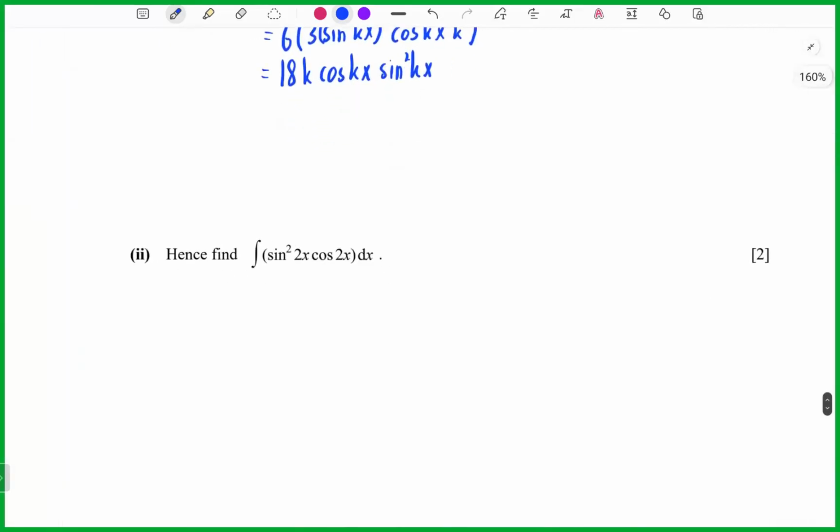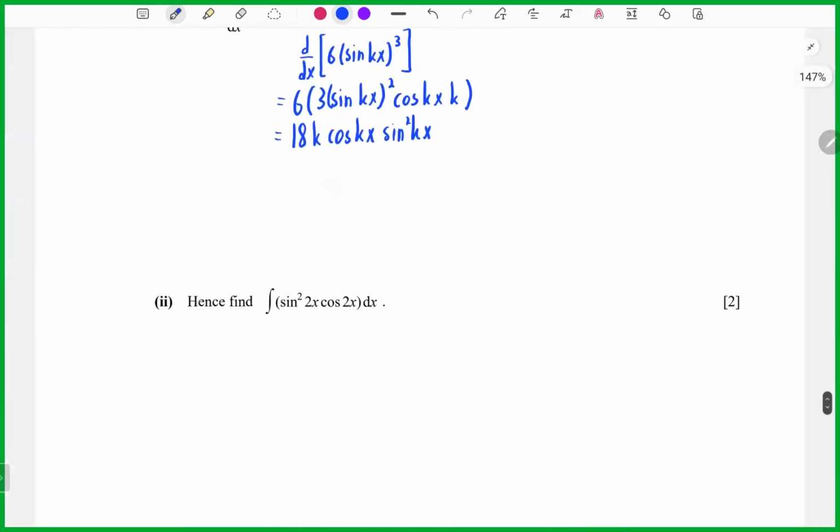Hence find the integration. Okay, so now you can try for this question. This one I will write out here, this sine squared 2x, and then cos 2x.